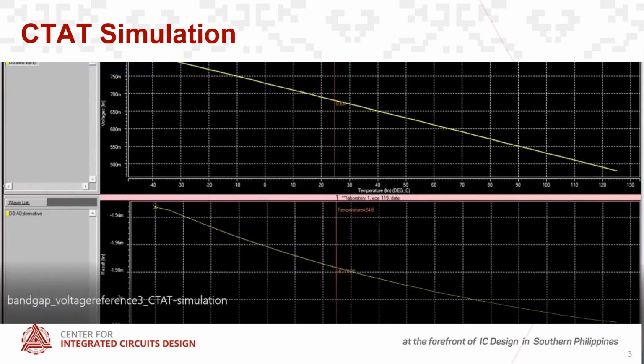So after that, you have already added the panel and put the derivative or the slope of the voltage A1, or the CTAT voltage, in our panel. Then you can measure the respective slope by using the cursor that you can get in the measure tool.